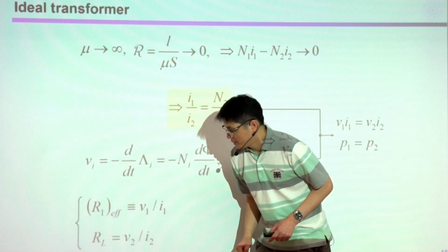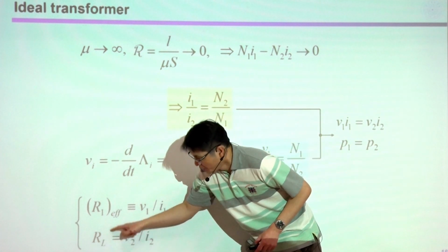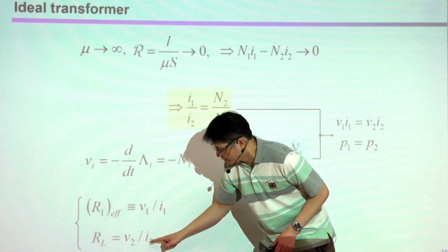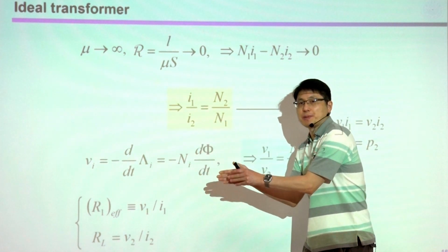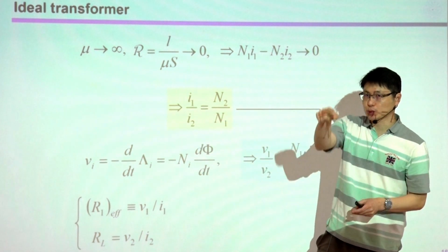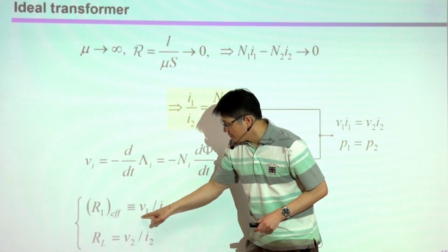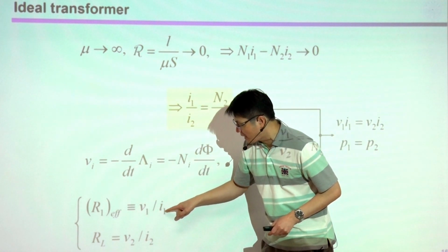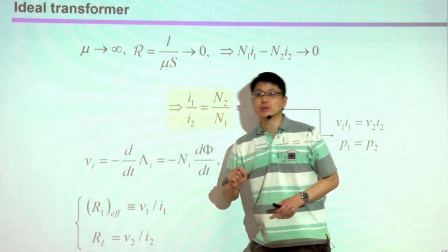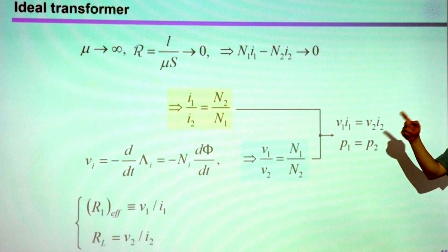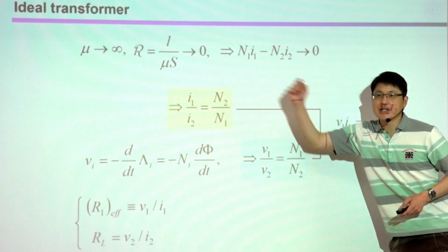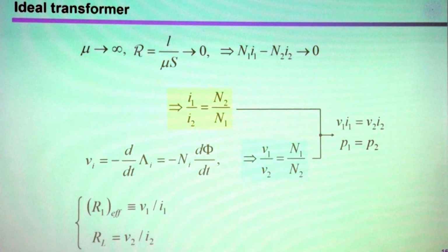For the load, your load resistance is V2 divided by I2. But that is going to be transformed to your driving side. To your driving side, V1 divided by I1 is not equal to your load. Okay? Because you have these weird ratios between the terms.